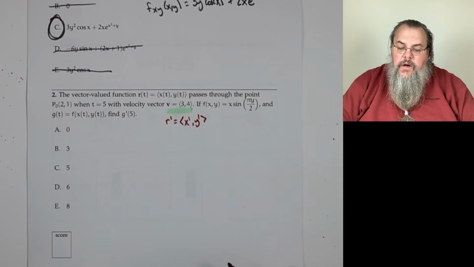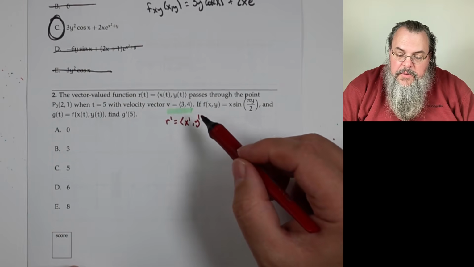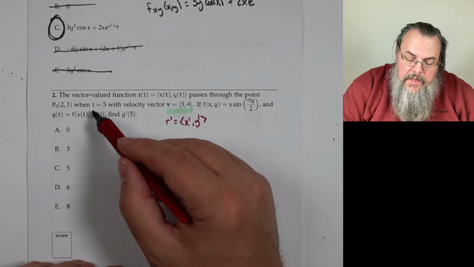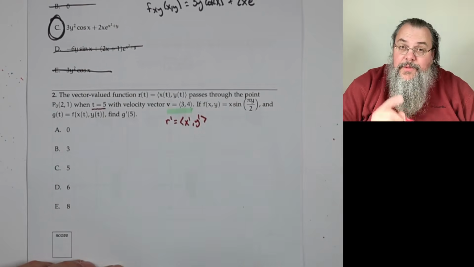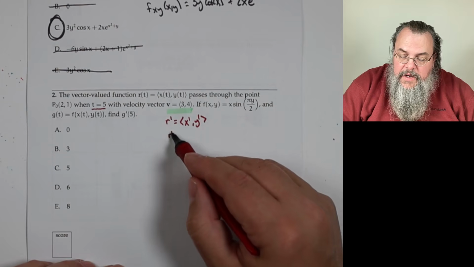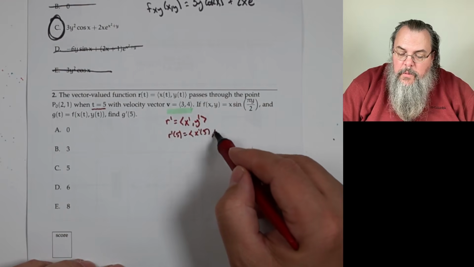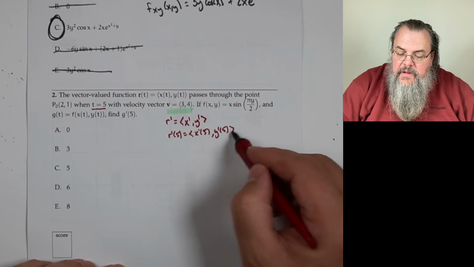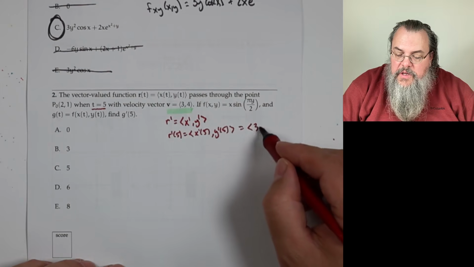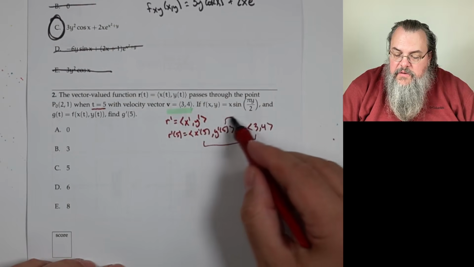So you say, oh, okay. So we have that x prime at a particular point, and not any point, just that particular point, t equals 5. So we have that r prime of 5, which is x prime of 5, y prime of 5, is equal to <3, 4>. So there's our 3, and there's 4.